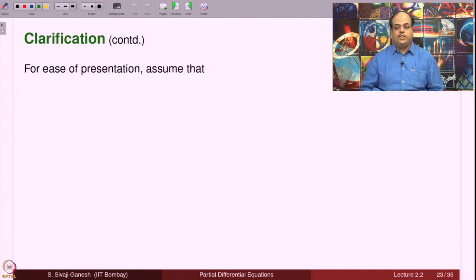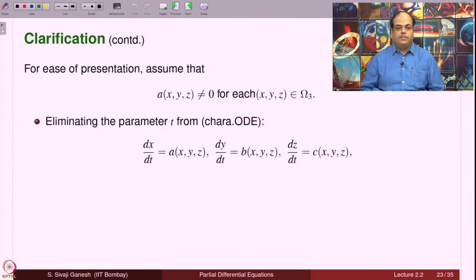For ease of presentation, let us assume that A is never 0 in omega 3. Once it is never 0, you know what I am planning to do, I am planning to divide. Now, I will eliminate the parameter t from this Chara ODE system.